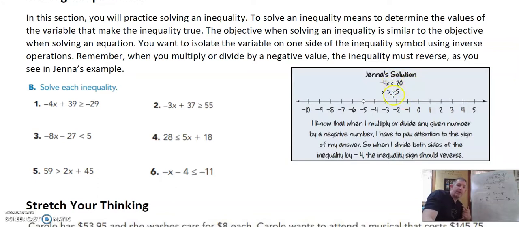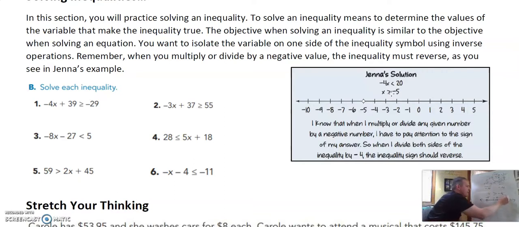So our sign had to flip. That's why it was facing this way at one point, and then I turned it this way. Because now these numbers are going to be true. For example, if I put a -1 into this statement up here, -1 times -4 is 4. Is 4 less than 20? Yes, it is. It works.